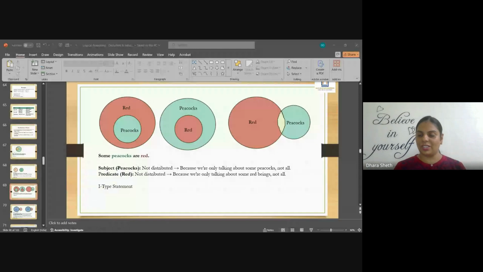So when an I-type statement, some peacocks are red or some A are B, is given, there are always three possibilities in Venn diagrams.